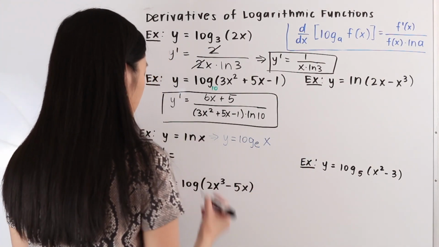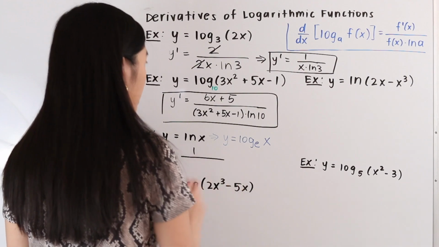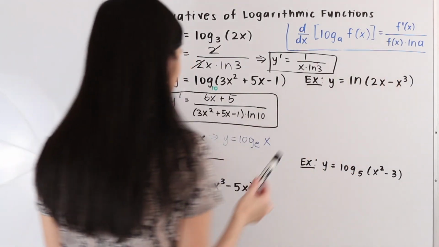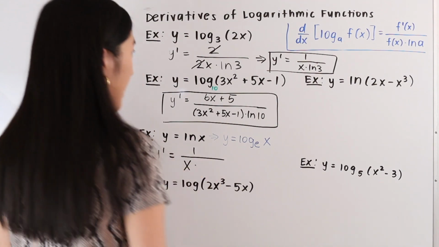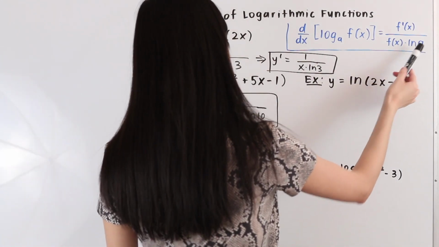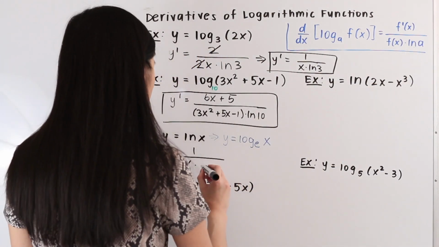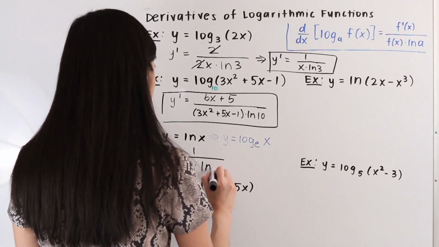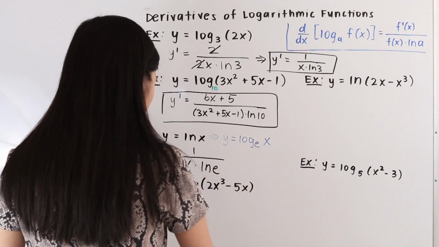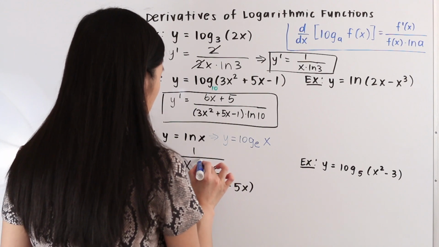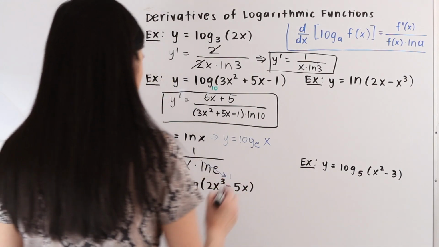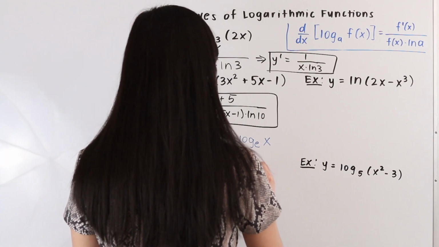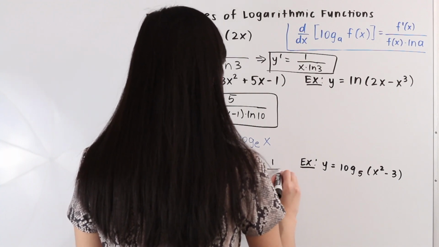So taking its derivative, we get 1, and this is over f of x. So f of x is just equal to x. So we have x and then times the natural log of our base. So here our base is equal to e. So we have times the natural log of e. And remember that the natural log of e is just equal to 1. So we can rewrite this as follows. So we have y prime is equal to 1 over x.